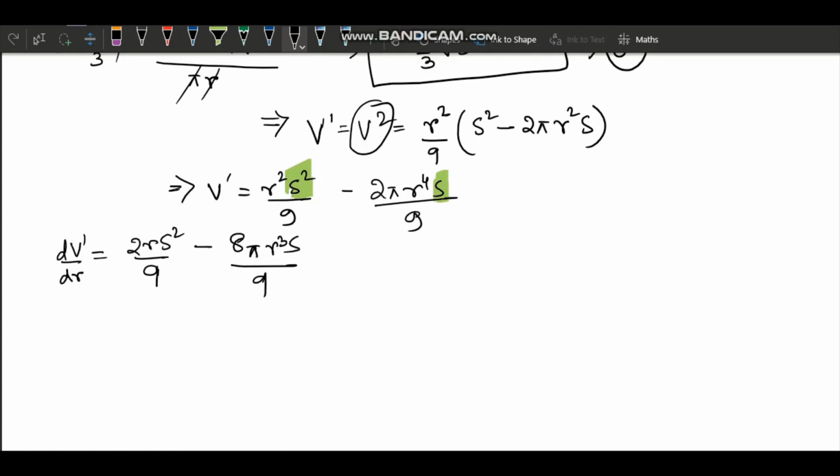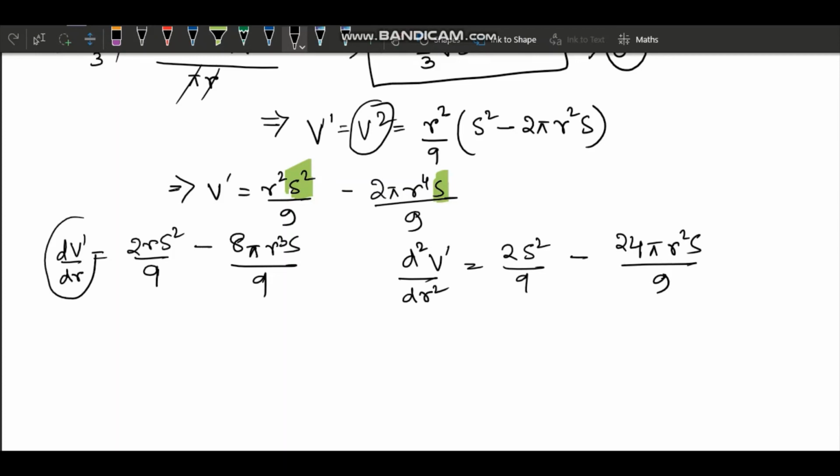And similarly, we find out the second order derivative as well, that is d2 v dashed dr2. So this gives us 2 s square by 9 minus 24 pi r square s by 9. So for critical points, what do we have to do? We equate this with 0.